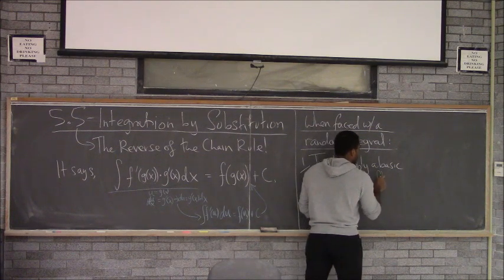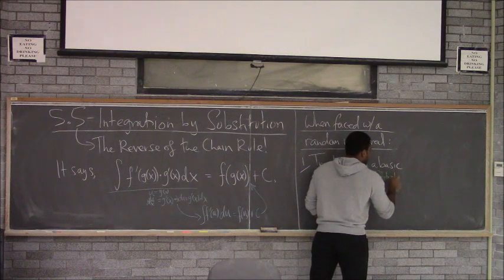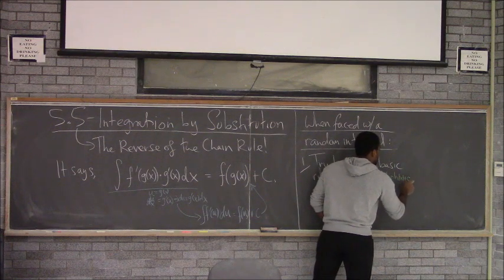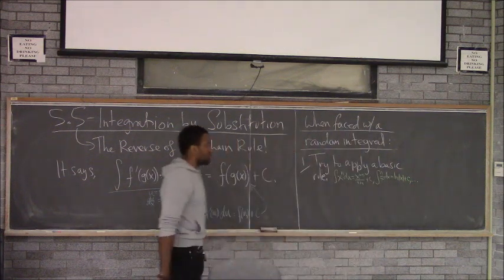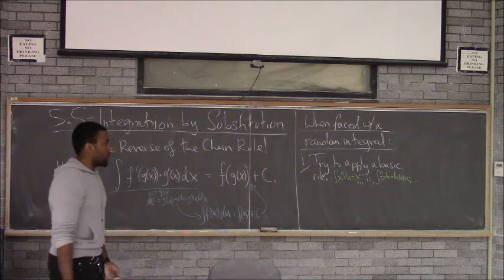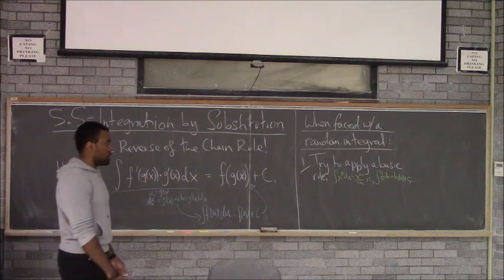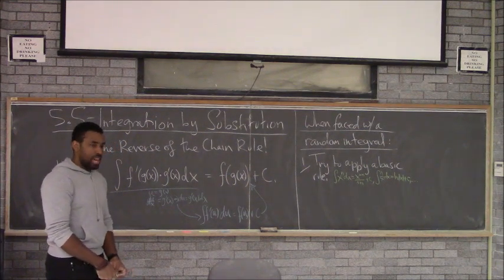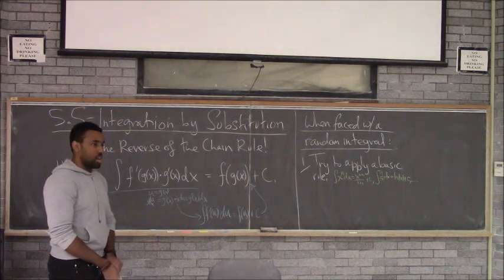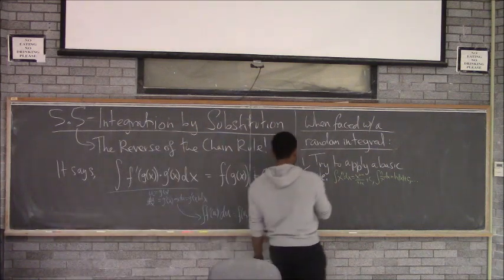Or does the antiderivative of 1 over x work, ln of the absolute value of x plus c, etc.? The basic rules. That's what you're going to try to apply first. This thing I'm looking at, can I use a basic rule to do it? If you can, just do it. And if not, you move on to something else. Step 2.